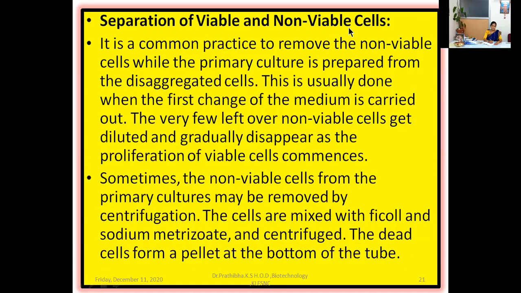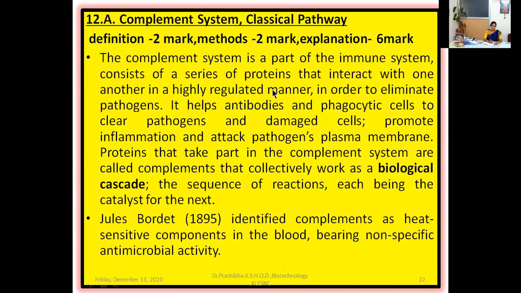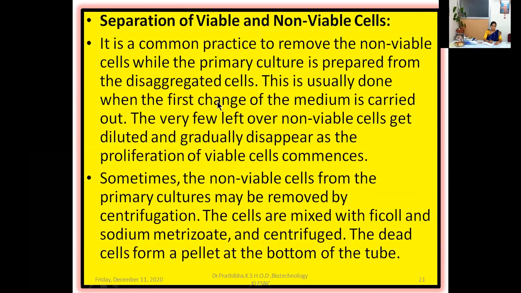Separation of viable and non-viable cells. It is a common practice to remove the non-viable cells while the primary culture is prepared from the disaggregated cells. This is usually done when the first change of medium is carried out. The very few leftover non-viable cells get diluted and gradually disappear as the proliferation of viable cells commences.